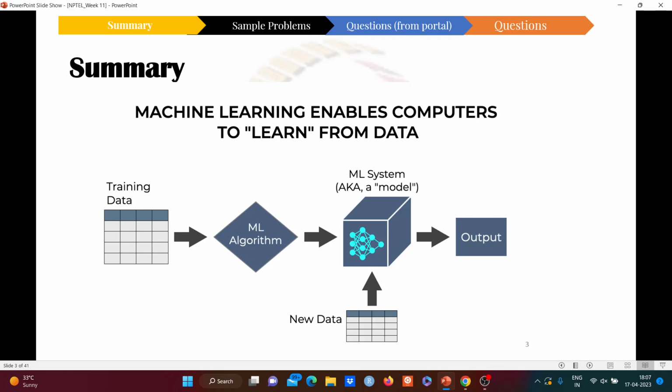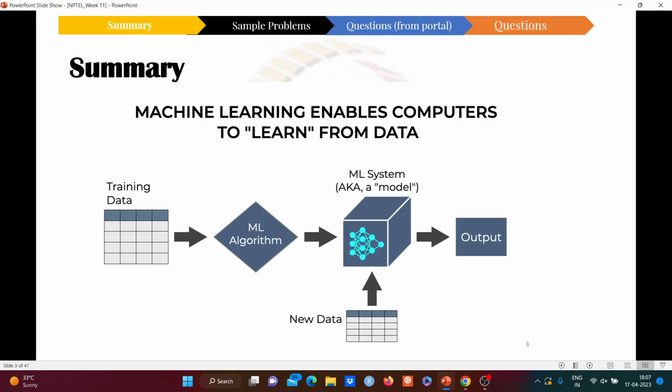The process of machine learning, as shown here, involves feeding large amounts of training data into an algorithm and allowing the algorithm to learn from that data. The algorithm looks for patterns and relationships in the data that are relevant to the task. Once the algorithm has learned from the data, it can be used to make predictions or decisions on new data.